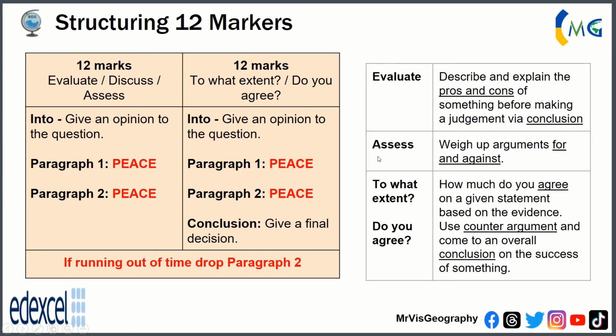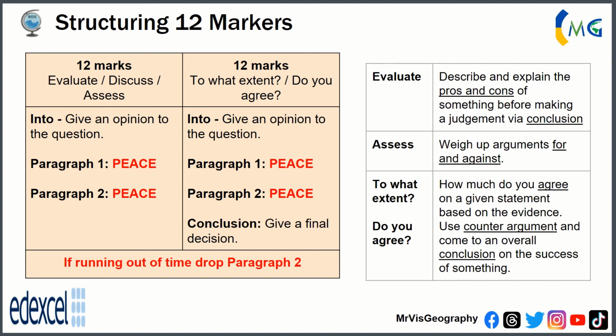For the 12 mark question at A level, notice it's exactly the same structure, but it just means that in each point, for the P, in each evidence, for the E, in each analysis, for the A, counterpoint, explanation, you have to give way more than 1 point, way more than 1 bit of data, way more than 2 knock-on effects. You have to give me more than 1 counterpoint.